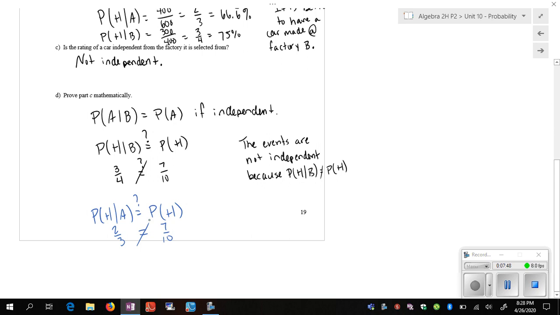And again, those two fractions are not equal. So I could write a very similar sentence. The events are not independent because the probability of H given A does not equal the probability of H. The big picture with proving independence is the math and the sentence. You cannot prove that two events are independent without a sentence.